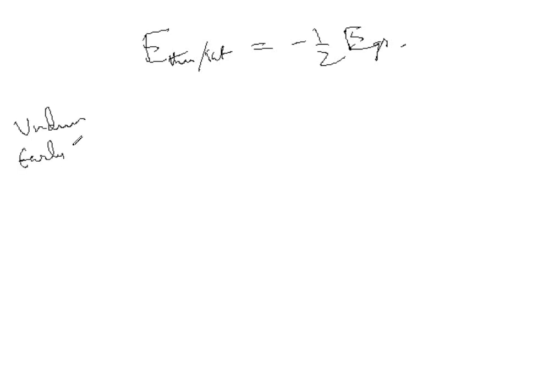So let me first again write this down in this form: E thermal or E internal is equal to minus half E gravitation. So we would like to understand the early stages of stellar evolution.